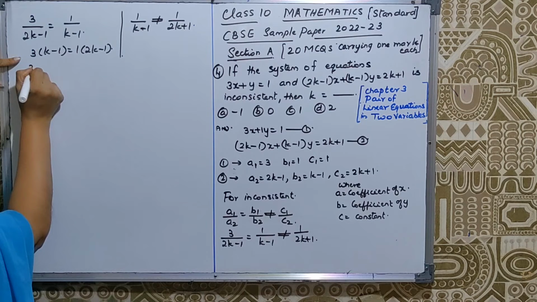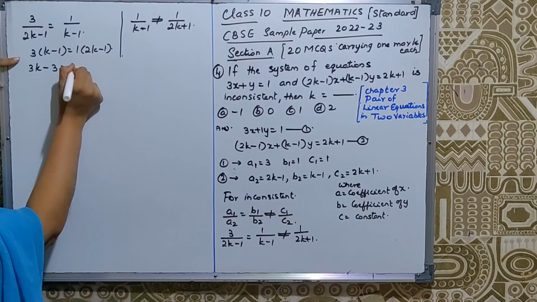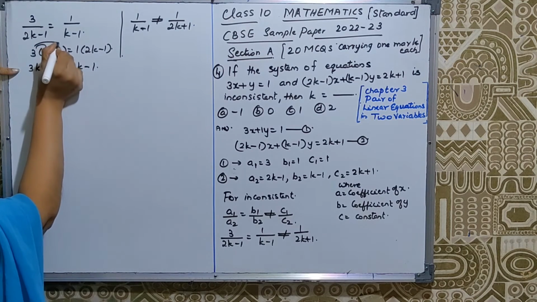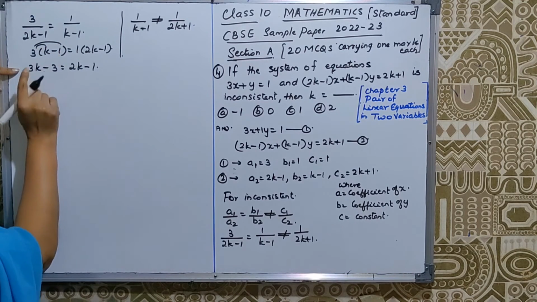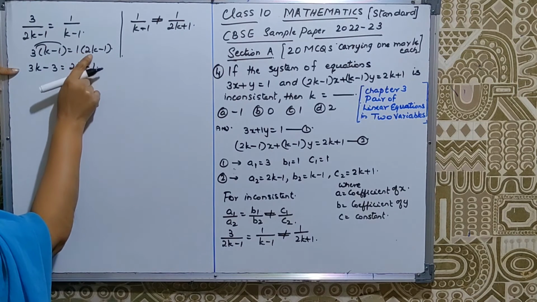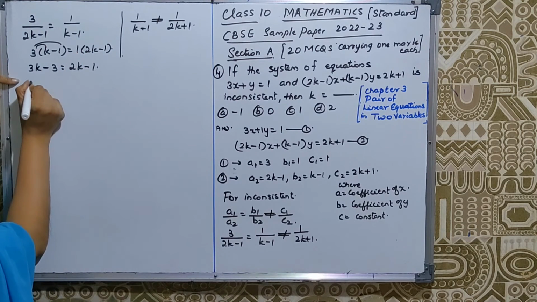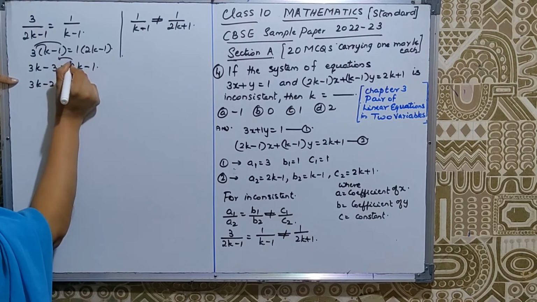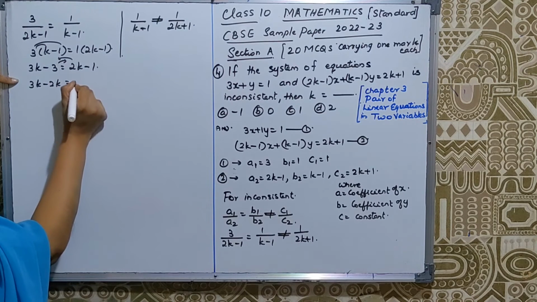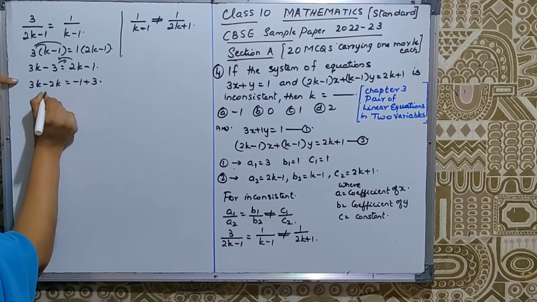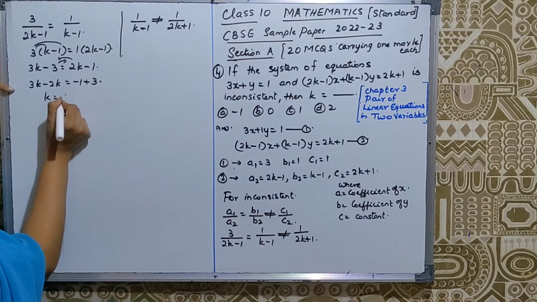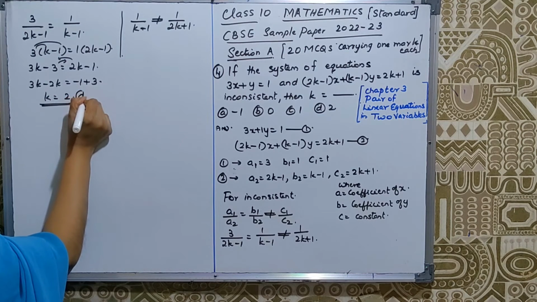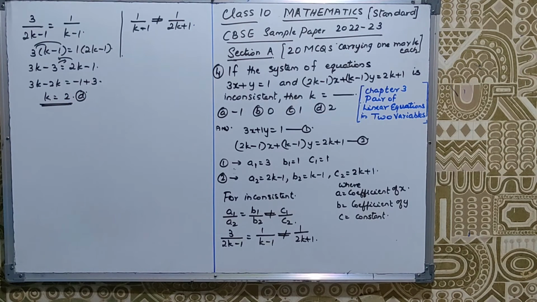So here it will be 3k minus 3 equal to 2k minus 1. Opening the bracket, 3 into k is 3k, 3 into minus 1 is minus 3, equal to 1 into 2k, 2k minus 1. Now we collect 3k minus 2k on the left, and minus 1 plus 3 on the right. So k equal to 2 will be the answer. So the choice is D.